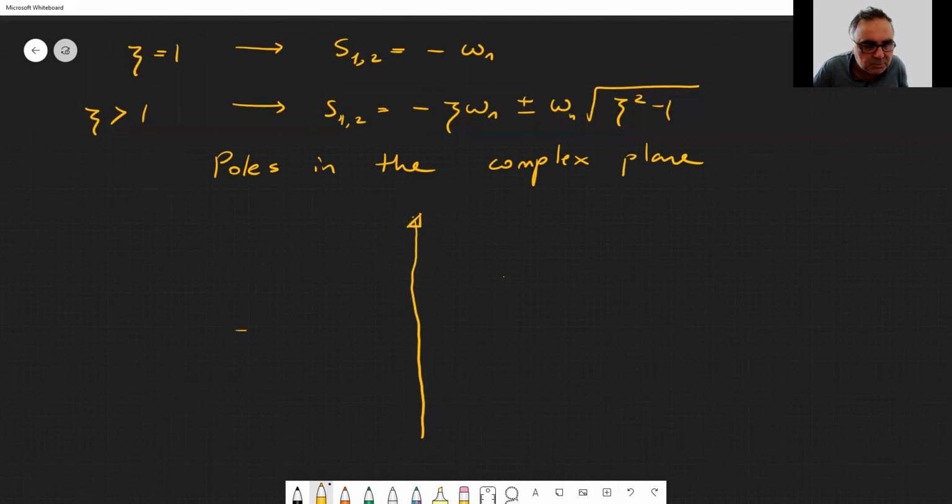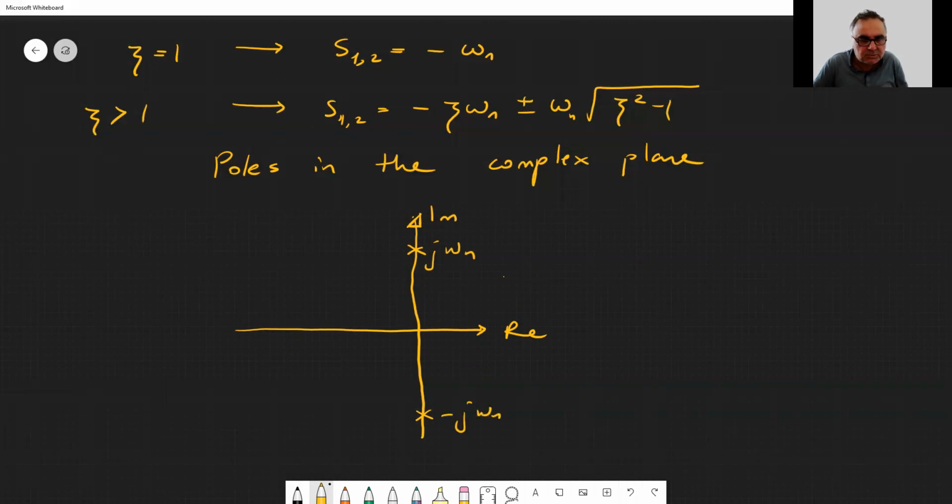Okay. When zeta is 0, the poles are here. This is j omega n. This is minus j omega n. So this is for zeta equals 0.